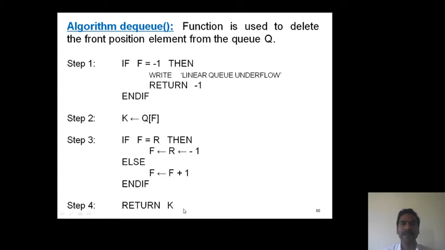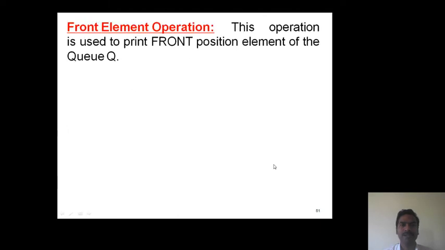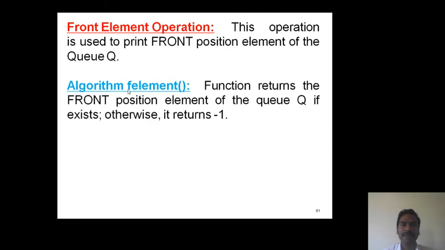So this is the DQ operation. Next operation, front element operation. This operation is used to print the front position element of the queue. Algorithm F element.